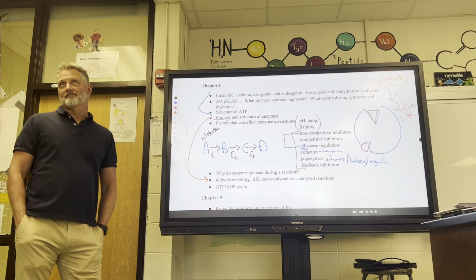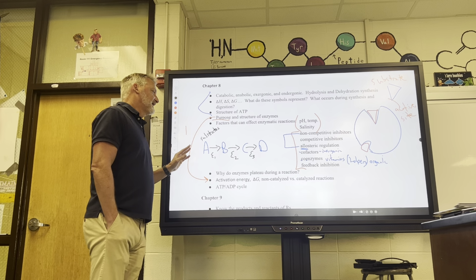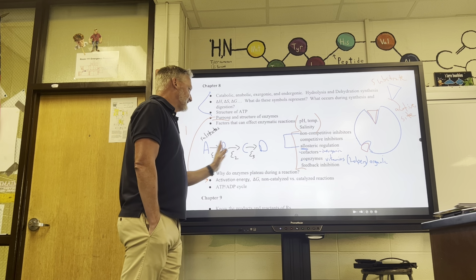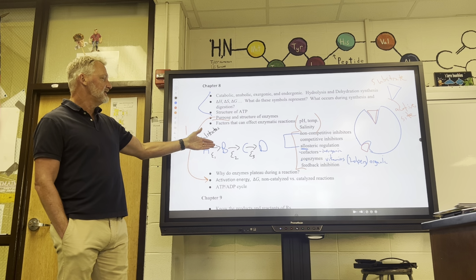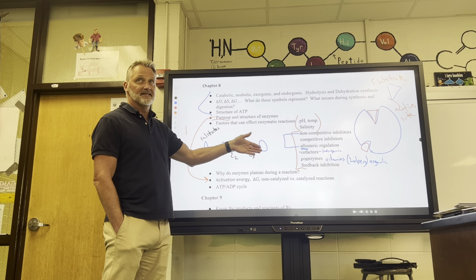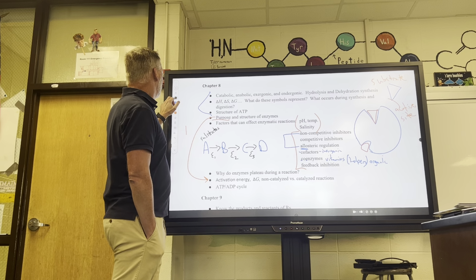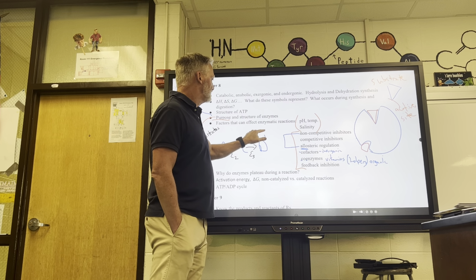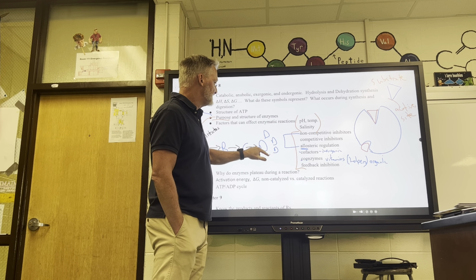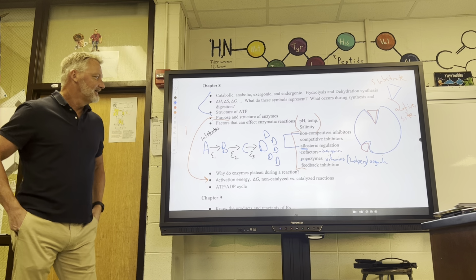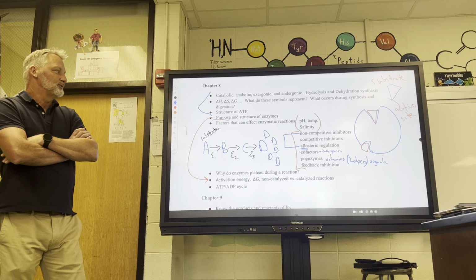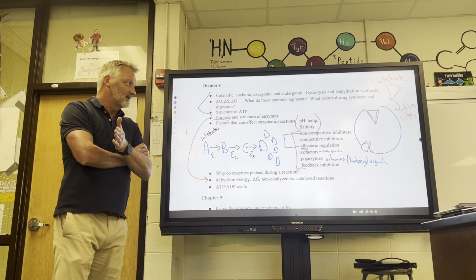The enzymes. So this assembly line has 3 enzymes. We convert A to B, B to C, C to D. But let's say we are accumulating excess amounts of D. Well, your body's an efficient machine, so we need to shut this pathway off temporarily.